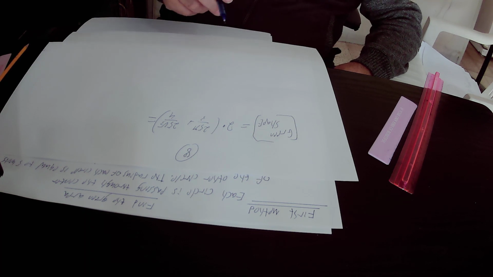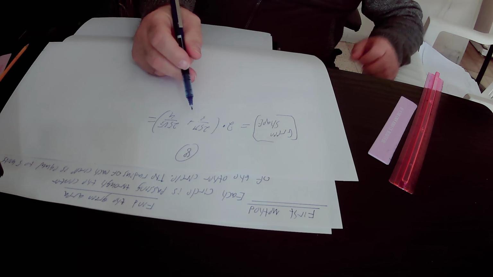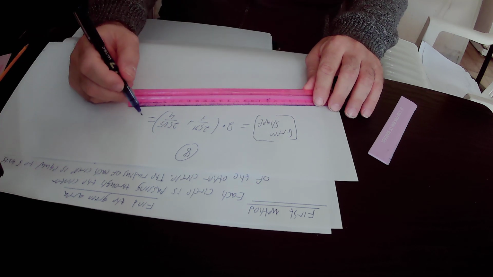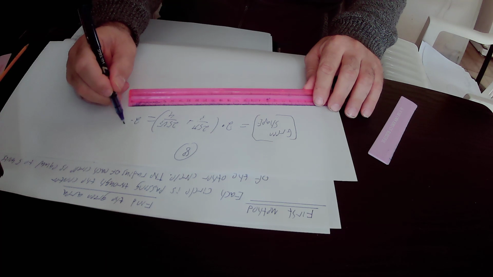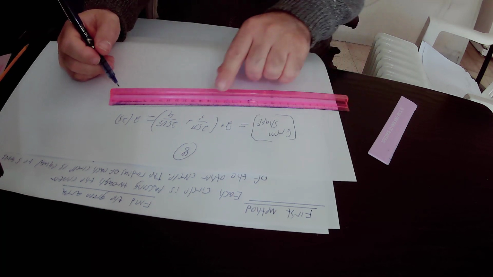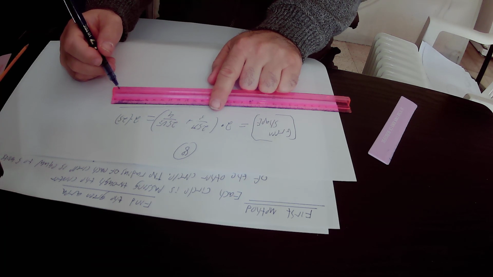Here we'll take 25 out of these two expressions as a common factor. So what is left from 25 pi over 3 after we took 25 as a common factor?